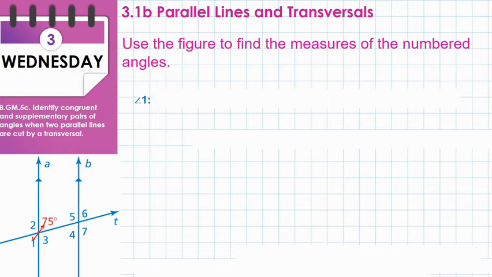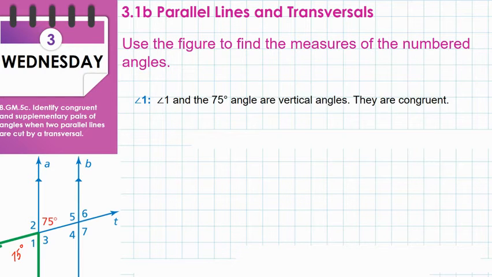If it comes through the vertex, that means that angle 1 should be 75 degrees because they are vertical angles. Angle 1 and the 75-degree angle are vertical, which means they are congruent, which means they are the same value. So the measure of angle 1 is 75 degrees.